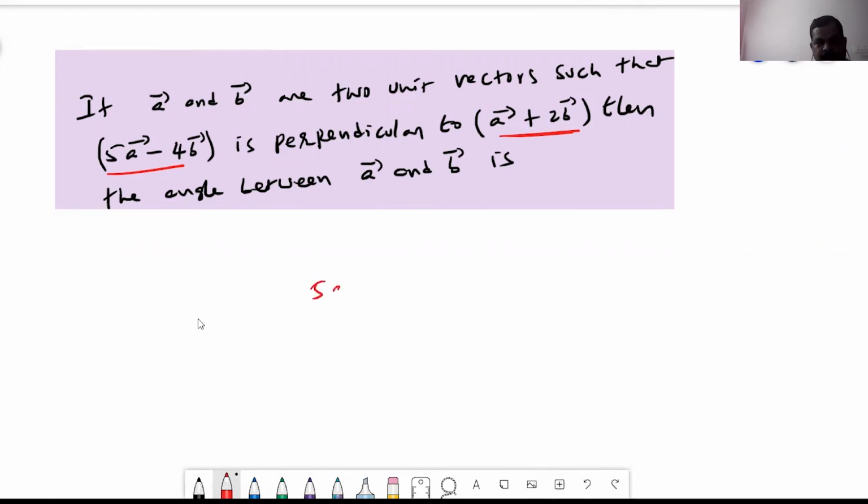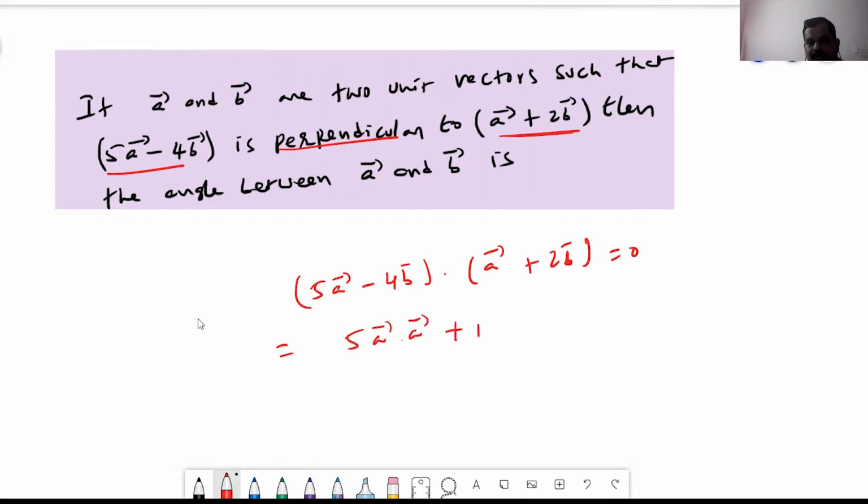So that means 5a bar minus 4b bar dot a bar plus 2b bar is equal to 0, because it is given that they are perpendicular. Now take the dot product. So this is nothing but 5a bar dot a bar plus 10a bar dot b bar minus 4a bar dot b bar minus 8b bar dot b bar, and this is equal to 0.